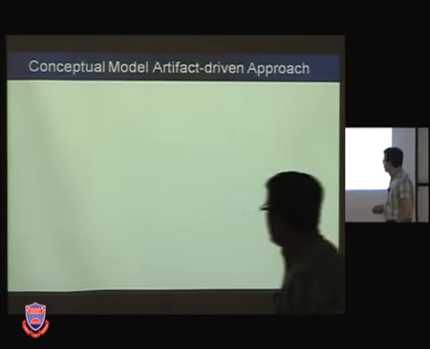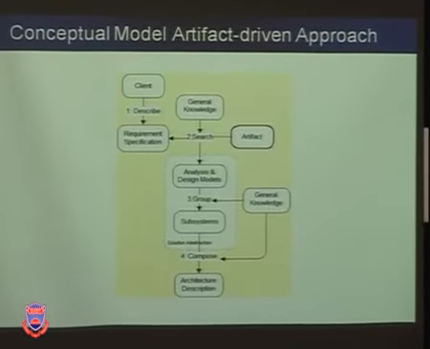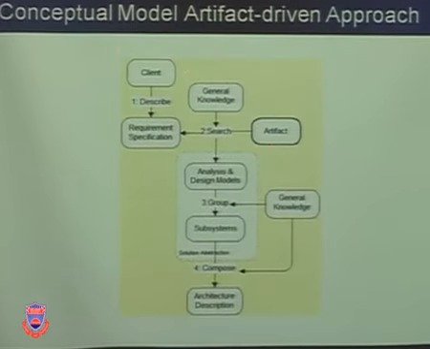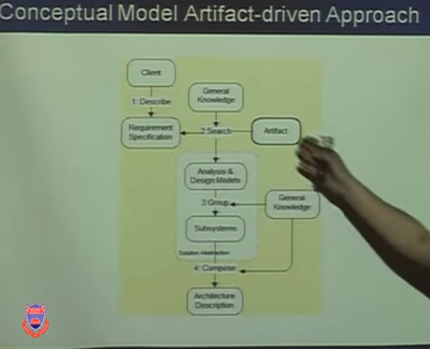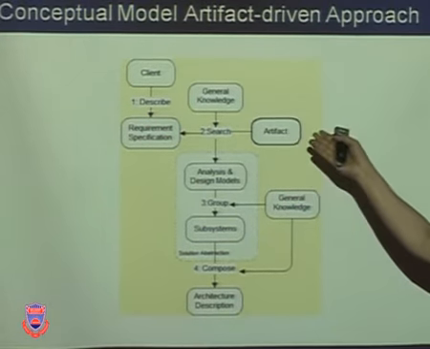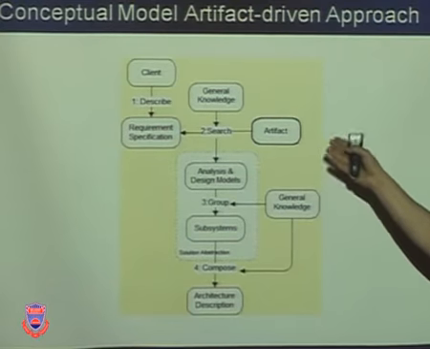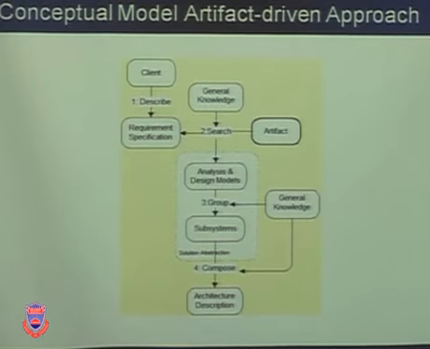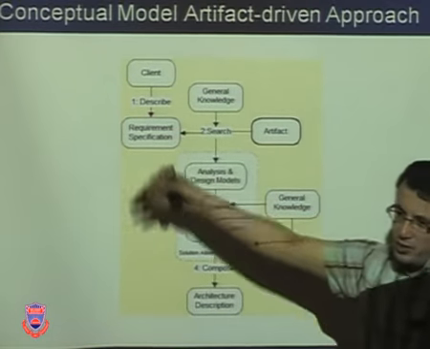For example, this is the process. First, we have the client. This describes the requirement specification. These are the artifacts which are described in the method, for example, class. By looking at class as some complex entity, you try to find it here.